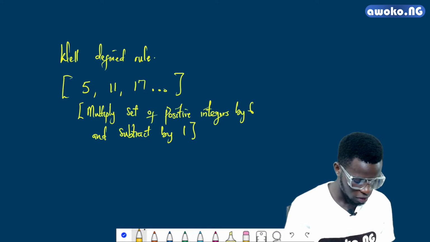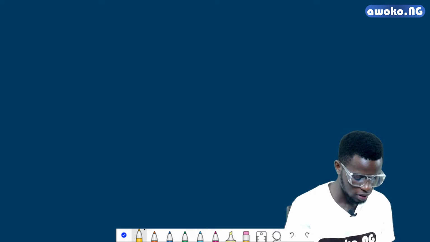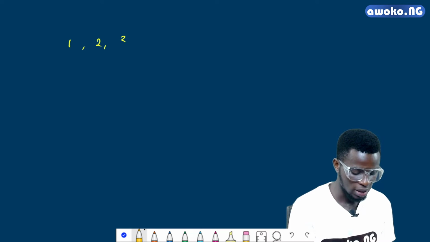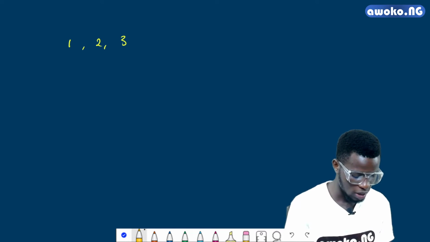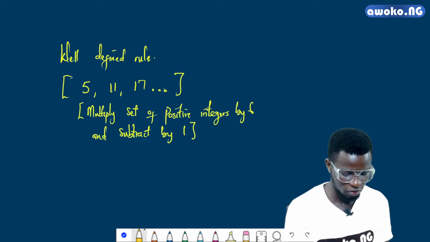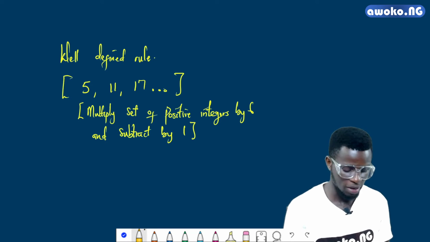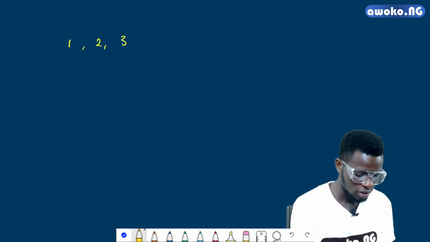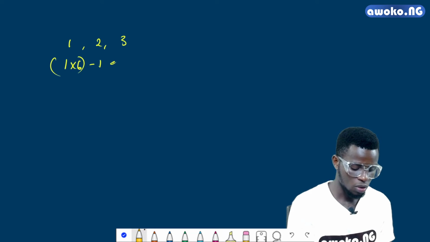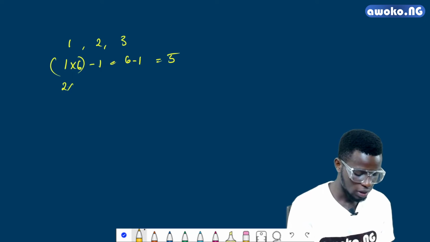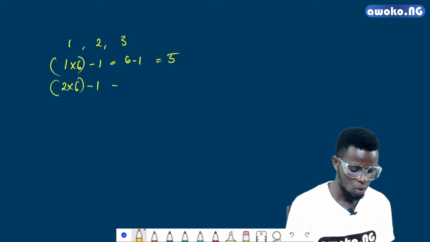If you do that, the first positive integers we are going to consider are 1, 2, and 3. Let's just stop at 3 because we are told that we are considering the first three terms of the sequence. Based on this rule, 1 times 6 minus 1 is 6 minus 1, which is 5. 2 times 6 minus 1 is 12 minus 1, which is 11.